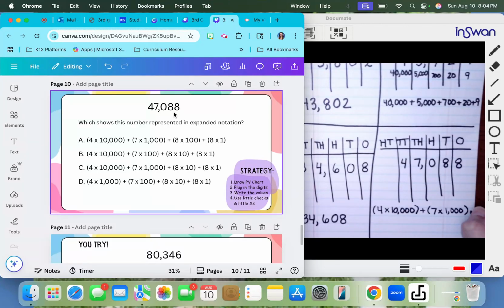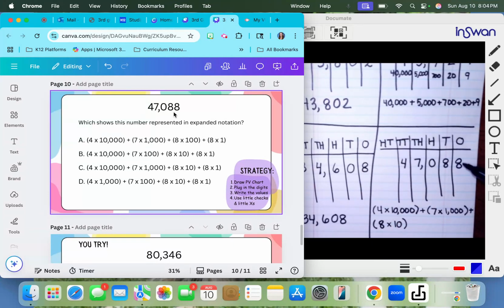All right, let's keep going through our number. Do we have any hundreds? No. So do I need to write a parenthesis group for the hundreds? I don't. So now we can go to the tens. We have an 8 in the tens. So 8 in the tens.